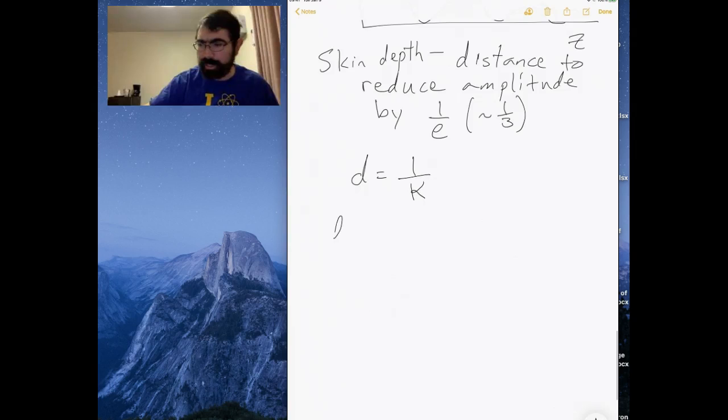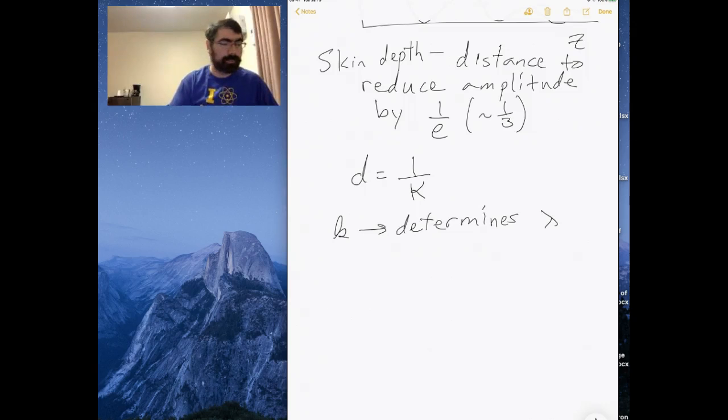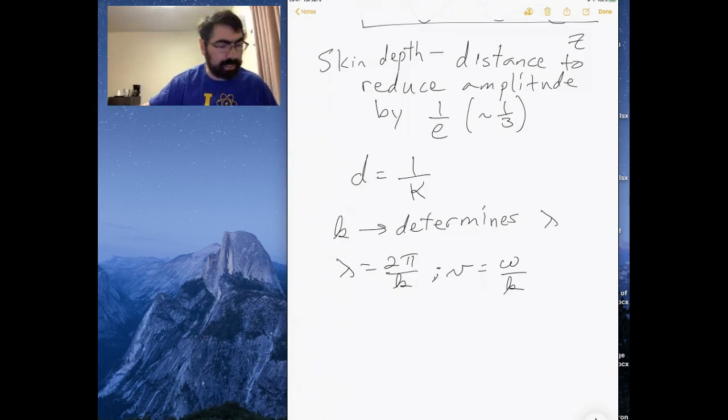So k, the real part, determines the wavelength, lambda, because lambda is 2 pi over the wave number. The speed, if you remember, is omega divided by k.